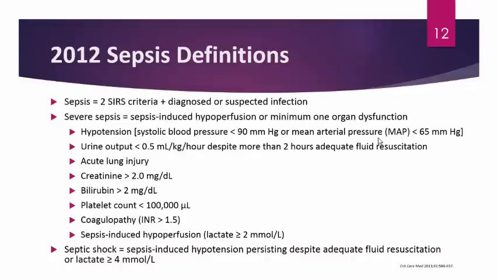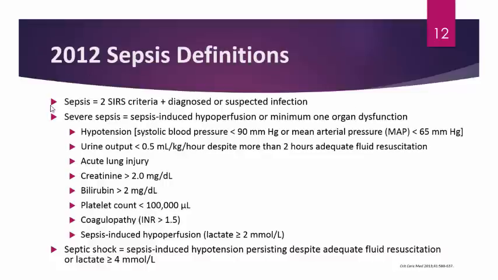For example, if you have a white count of 13 and a heart rate of 100, and you had any kind of suspected infection, at that point you can consider a patient being septic via SIRS criteria, which correlate with the 2012 sepsis guidelines.